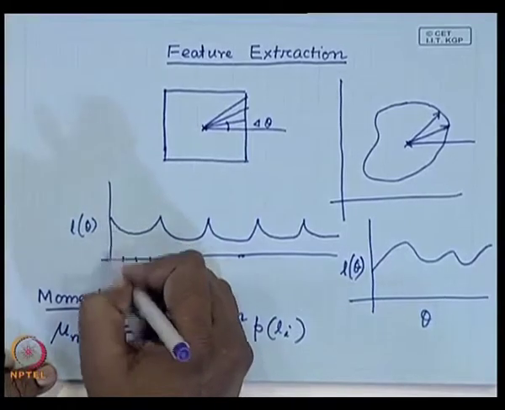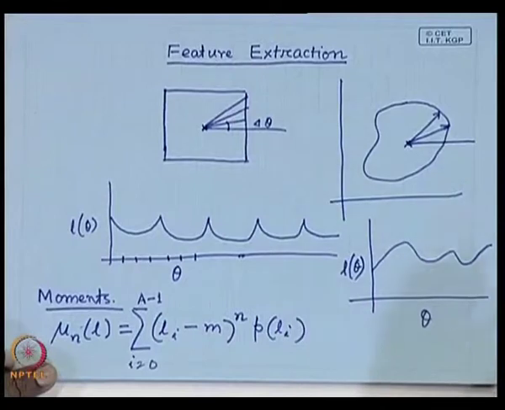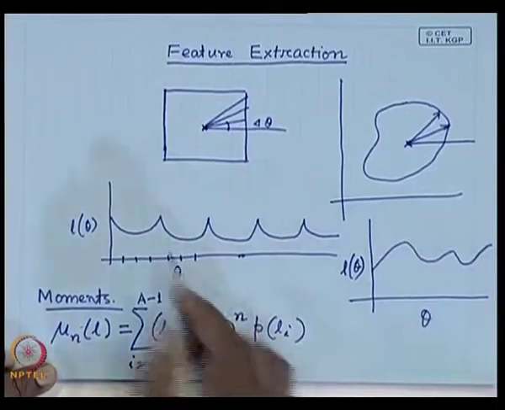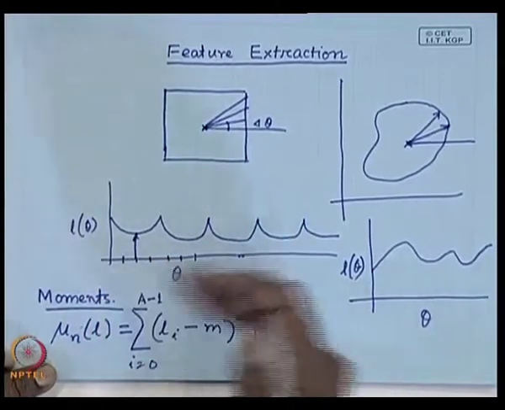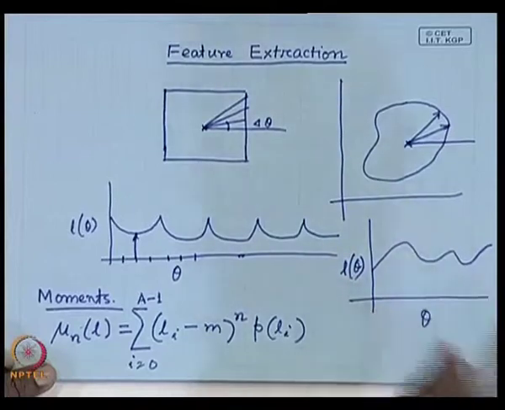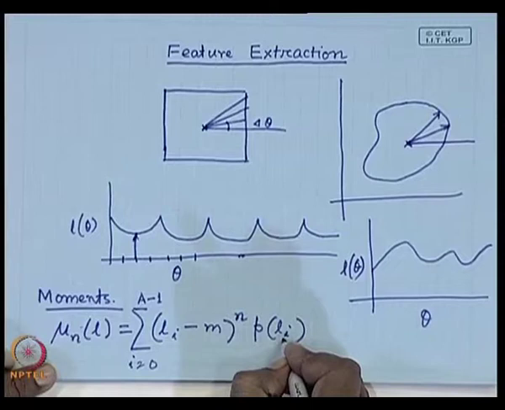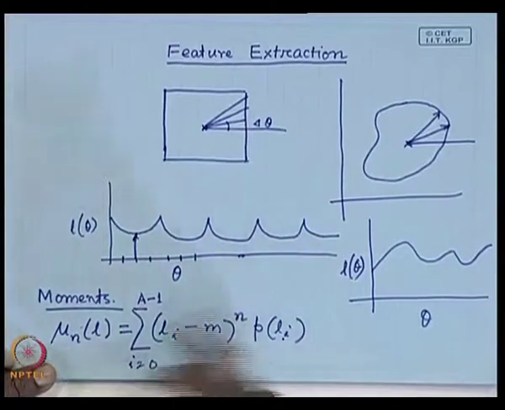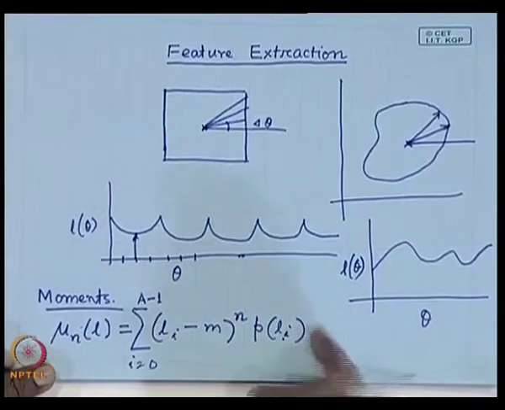The distance values that we are getting, we quantize into a number of distance values. Usually, this distance value will be a continuous value. So, what I have to do is quantize these distance values into a number of bins. L_i is the ith bin, and once I quantize it, I have to find out in the ith bin how many distance values actually occur.